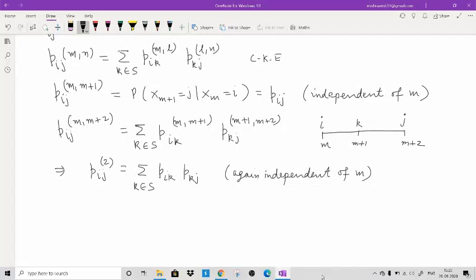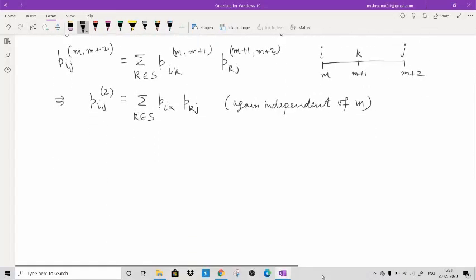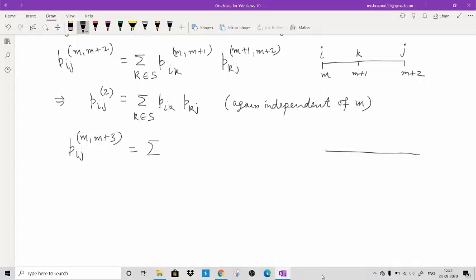Similarly, you can show that if I further find the 3 step transition probability, for example P_ij(m, m+3), what will it give us? Again, this is time m, this is m+3. In between you can take m+2, or you can take m+1, it depends upon you. Here you are at state i, now you are in state j, and in between there is a state k, which can be anything.